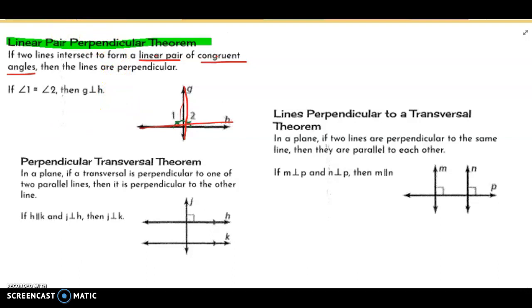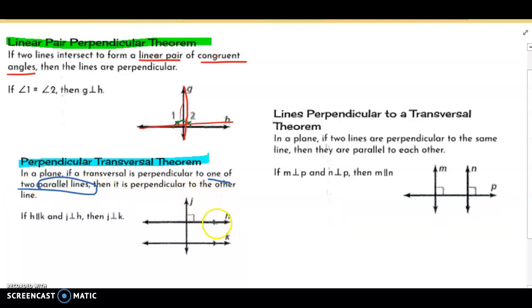All right, let's look at the second one. Let's look at the perpendicular transversal theorem. Okay, it says in a plane, if a transversal is perpendicular to one of two parallel lines, okay, so we have to know the lines are parallel, then it's perpendicular to the other.